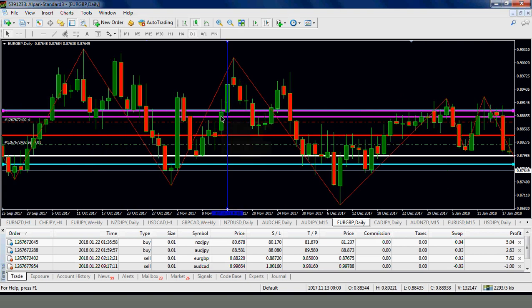Now I get my pivot point of this candlestick. This is 0.8962 plus 0.8843 plus 0.8893, divide 3.